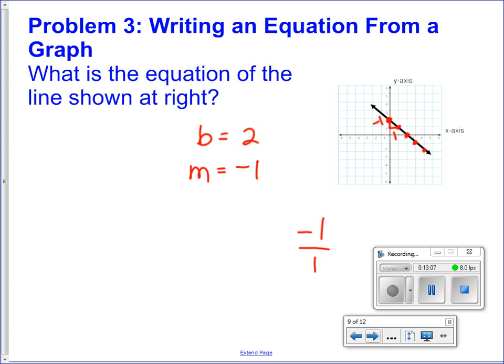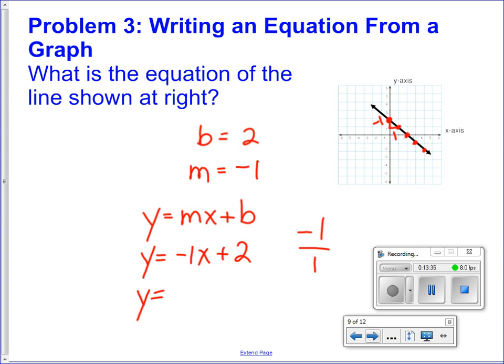So I've identified my slope and I've identified my y-intercept. So now in my slope-intercept form, y equals mx plus b, which you need to remember, all I have to do is substitute in my slope, -1 for the m, and +2 for the b.